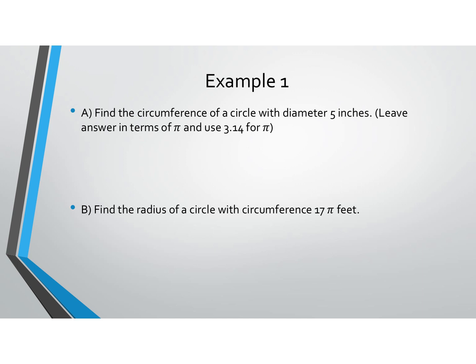Okay, so for the first example, it wants us to find the circumference given the diameter. Now remember, there's two formulas that you can use for circumference. It's either pi times the diameter or 2 times pi times the radius.